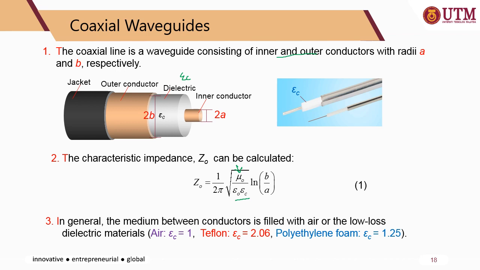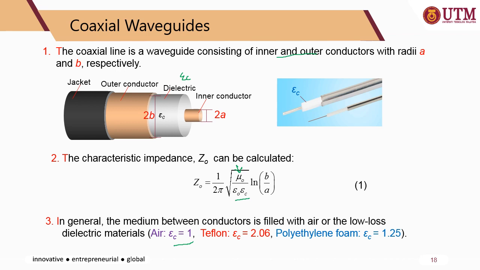As shown, if the dielectric material or separator between the outer conductor and the inner conductor is air, the relative permittivity is equivalent to 1. If you use Teflon or polyethylene foam, the permittivity is 2.06 and 1.25.